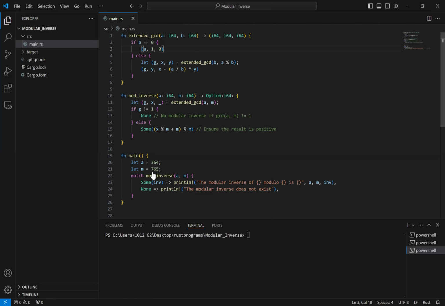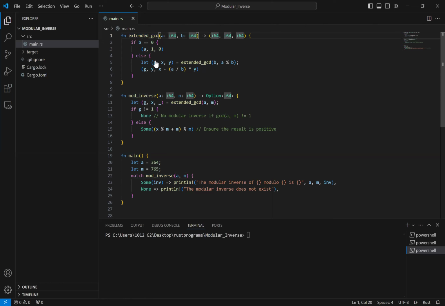It has, this is the way we put initial values, our A and M, and then it will be calling for the mod inverse function with the A and M. And then this mod inverse function would call the extended GCD function.